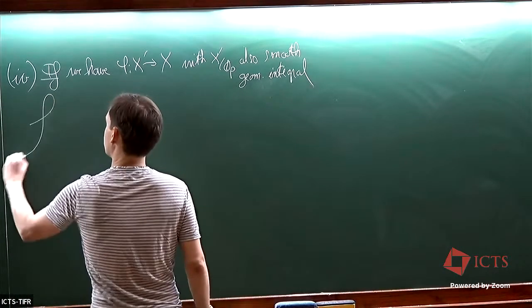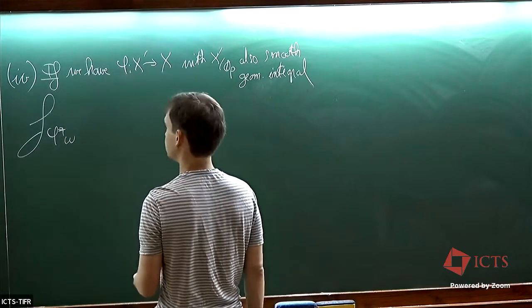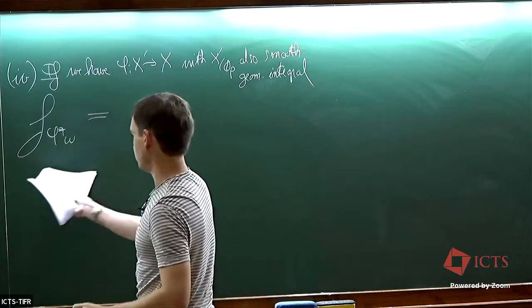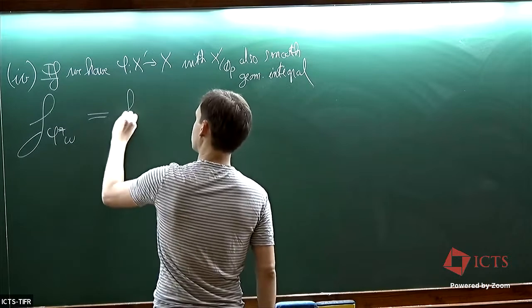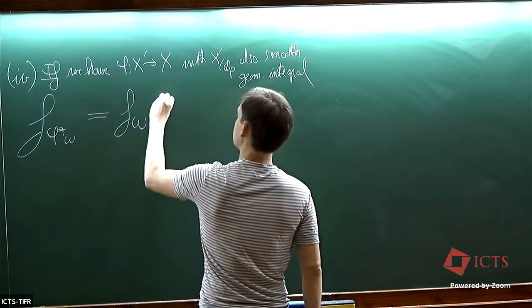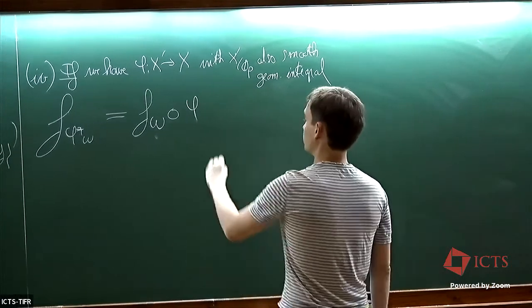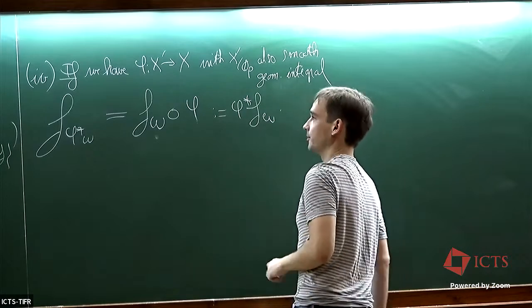So I want the primitive of phi star omega to be something living as a function on x prime. I know how to do this: I take the primitive of omega composed with phi. This could also be called phi star f omega.